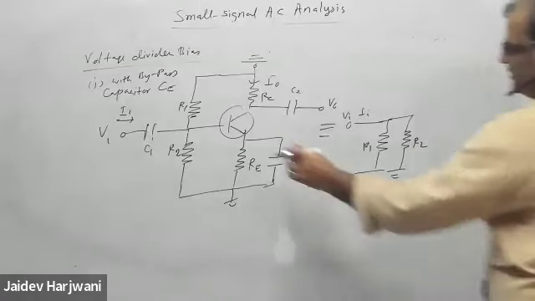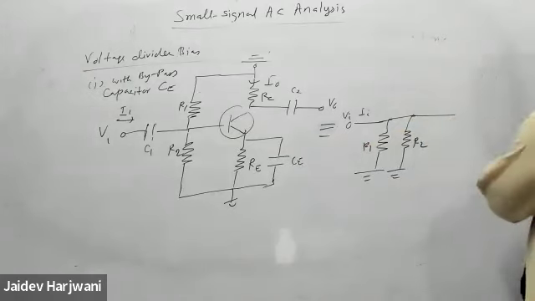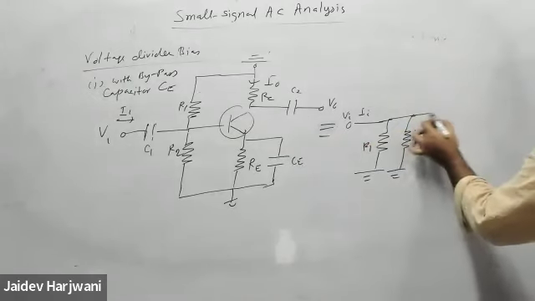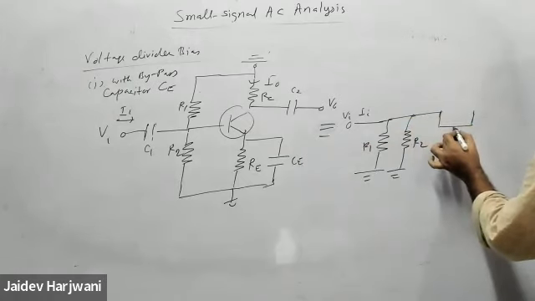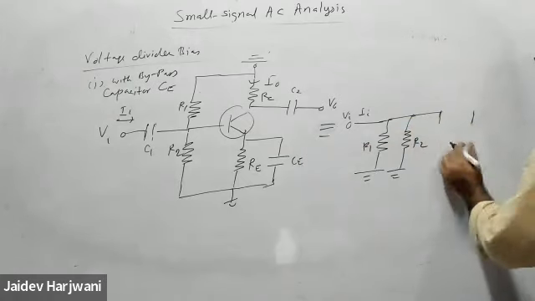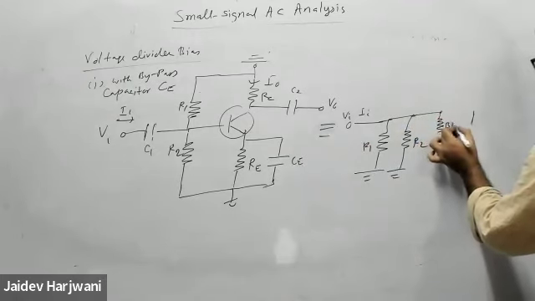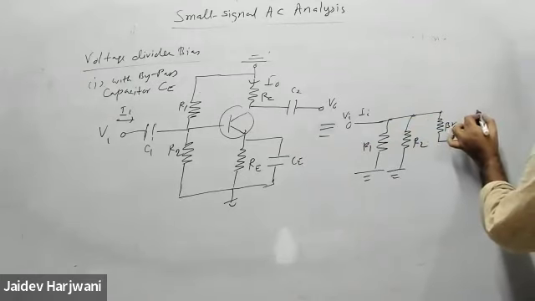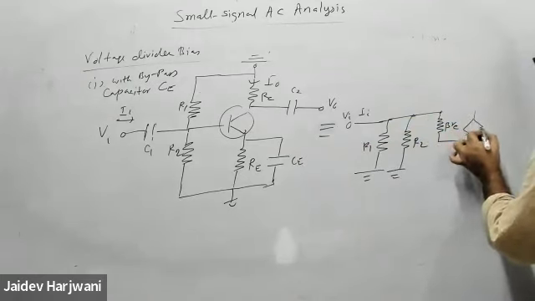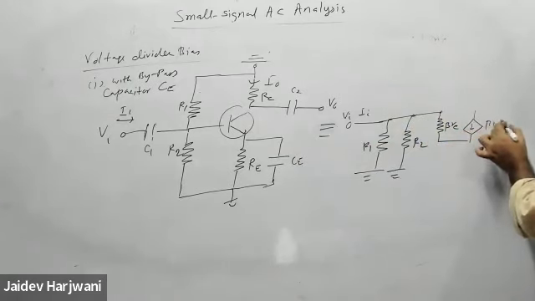Okay, and this will be represented by, say, beta RE. Here resistance is directly become ground. This is your beta RE, and here you have source is coming, beta IB.